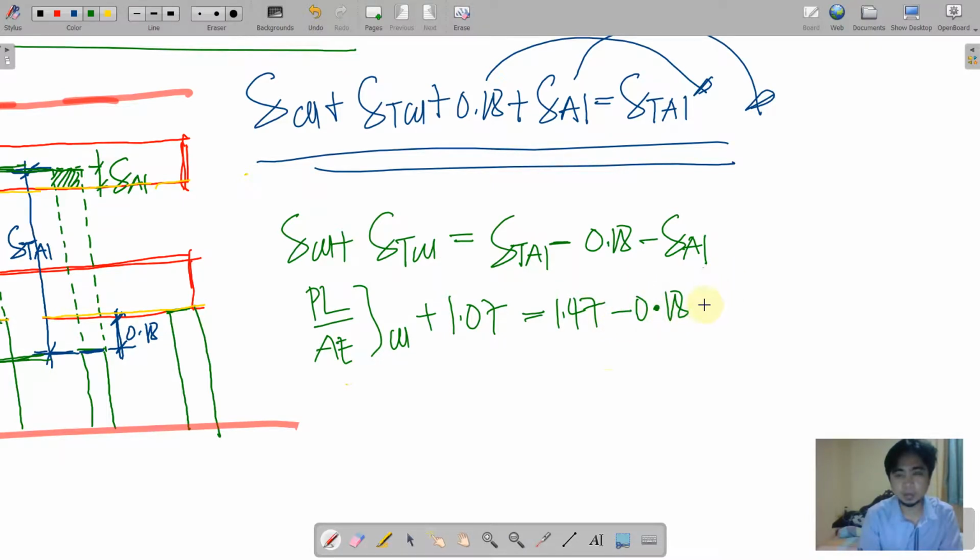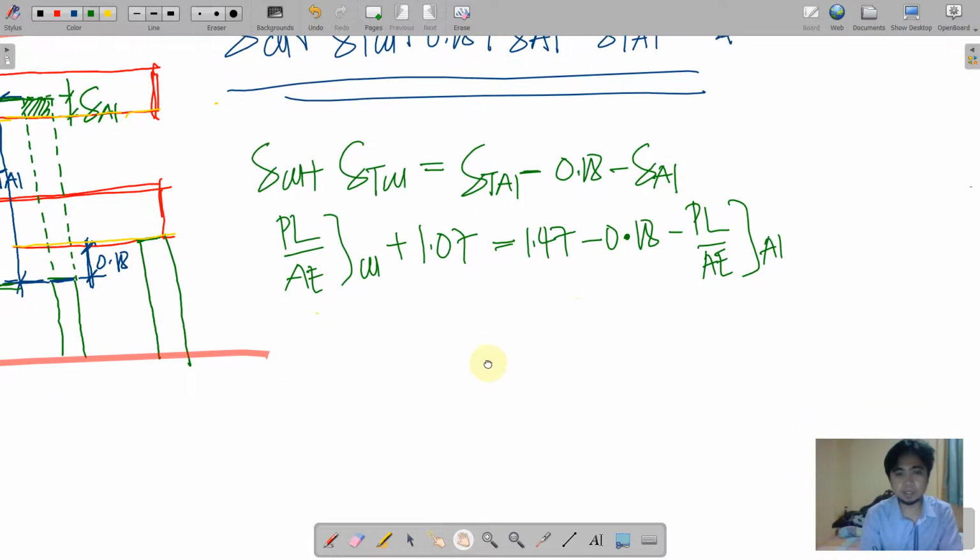Okay. And then minus PL over AE of the aluminum. Okay, so let us refer to the given here. Of course, this is P of Cu.